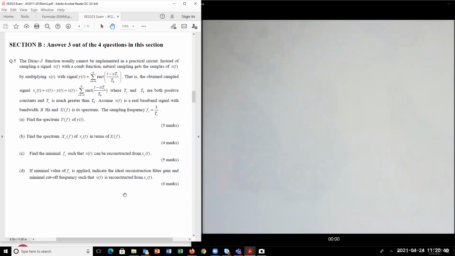So we have a direct delta function, which usually cannot be implemented in a practical circuit. Instead of sampling a signal x(t) with a comb function, natural sampling takes the samples of x(t) by multiplying x(t) with the signal y(t). If you look at y(t), it is a square wave made up of racks of width t0, replicated every Ts seconds.